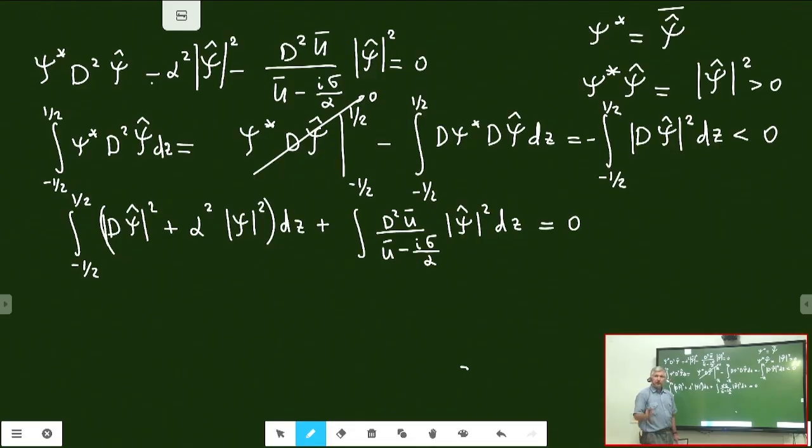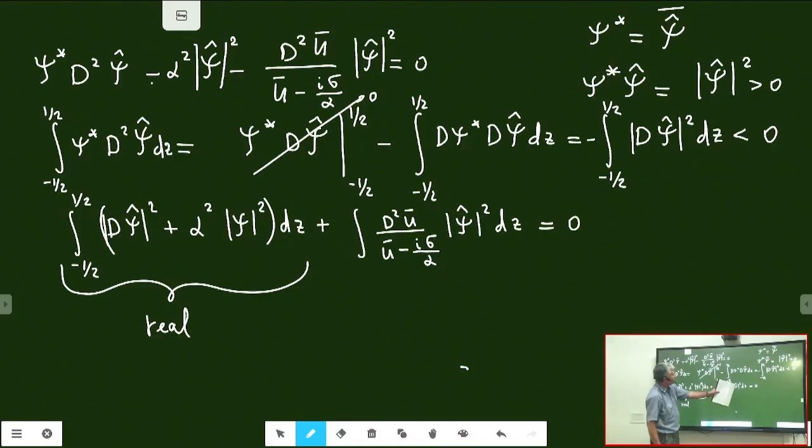Right. So let's look at this. We already know that this is positively defined, but more importantly, it is real. Agree? It is real. Now let's look at this one. So clearly this is real. This is real as well. So is this. Sigma is not.